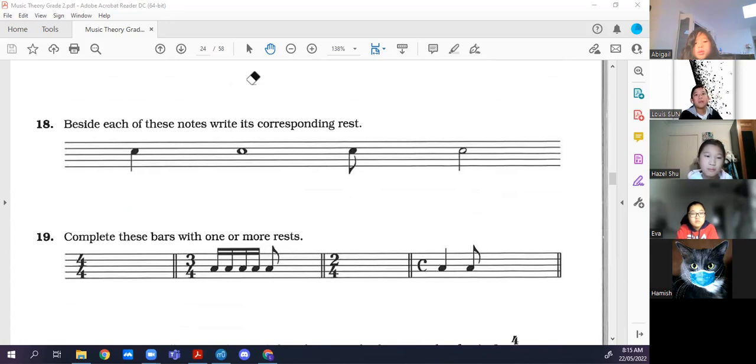Yep, okay. So does anyone want to try number 18 of writing the corresponding rest? I think you guys can add it on the screen, so you can do it yourselves.